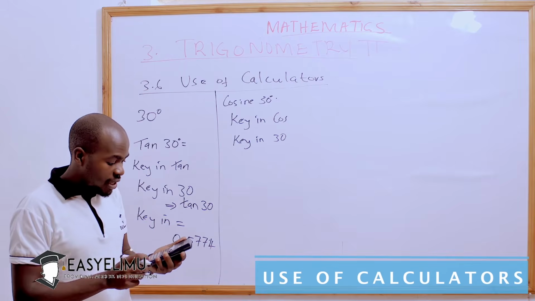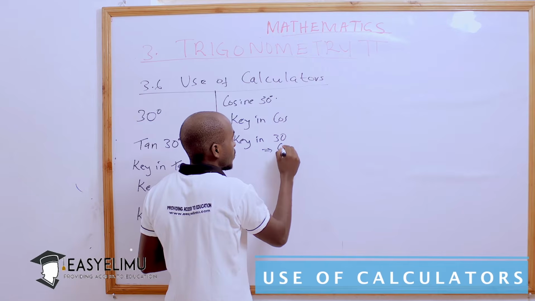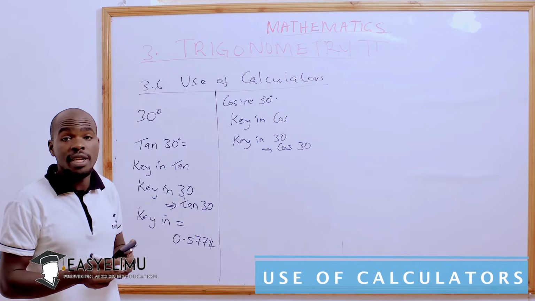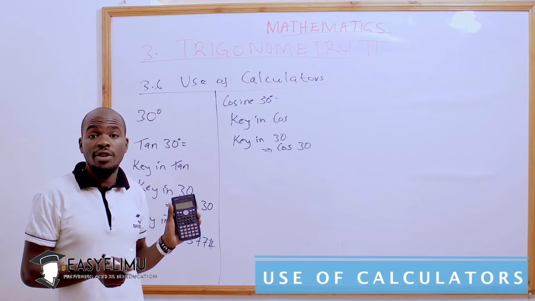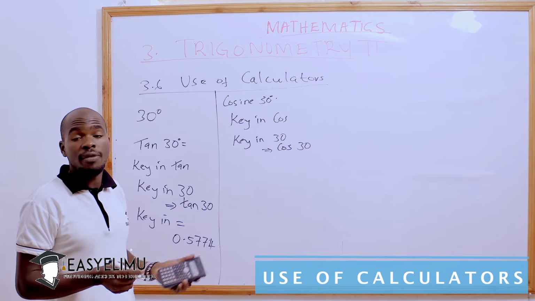The screen displays cos 30, and the calculator automatically knows that you want the cosine of 30 degrees.